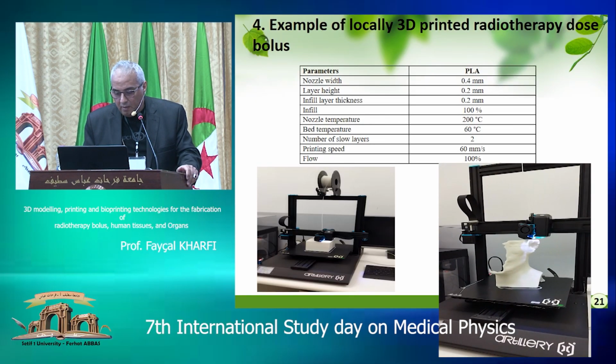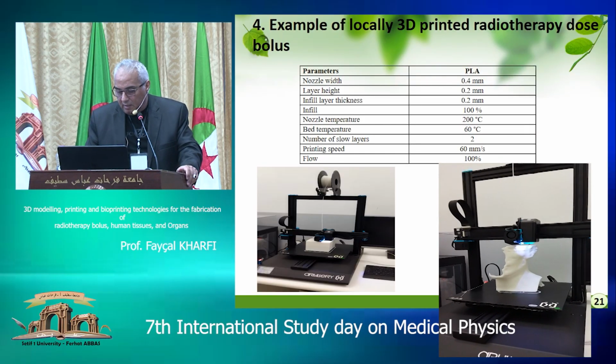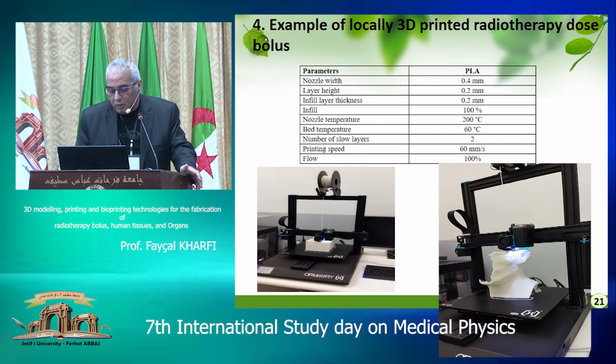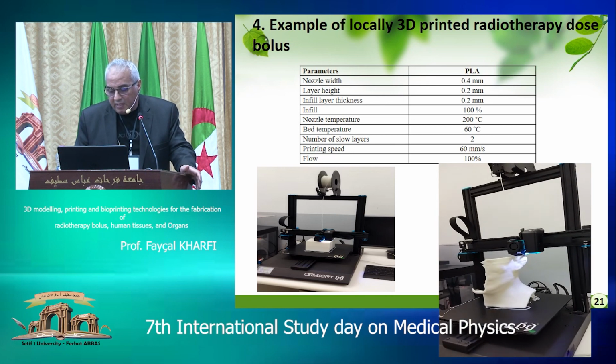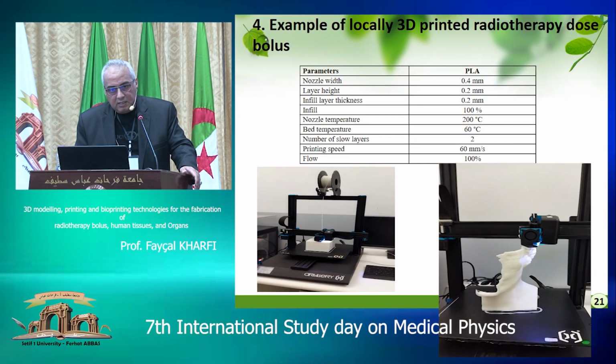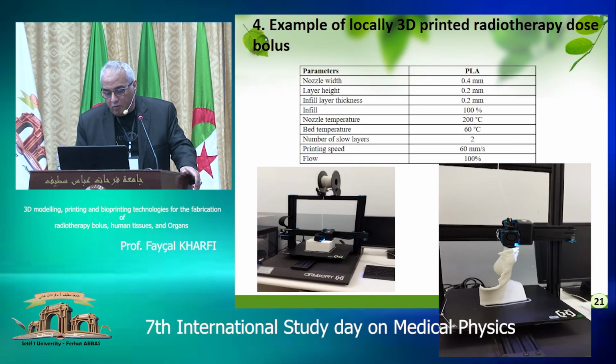Here is our phantom, and on the right, one kind of bolus that we are studying. This is not the nose bolus. This is the 3D printing of the bolus.